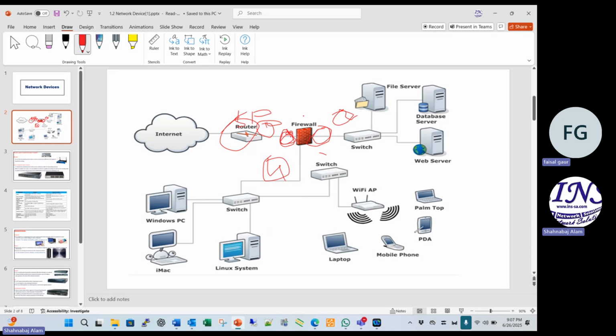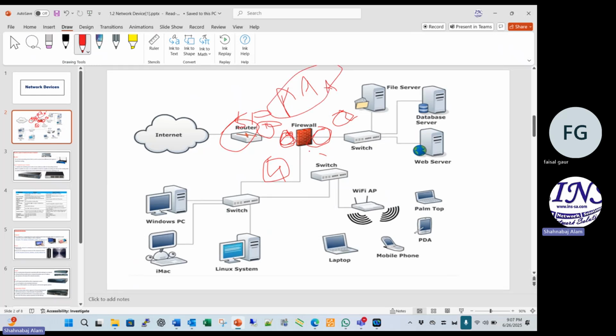We can also configure triple A policy. You know about triple A? Triple A is used for authentication. We also configure ACL, access control list, here on the firewall.